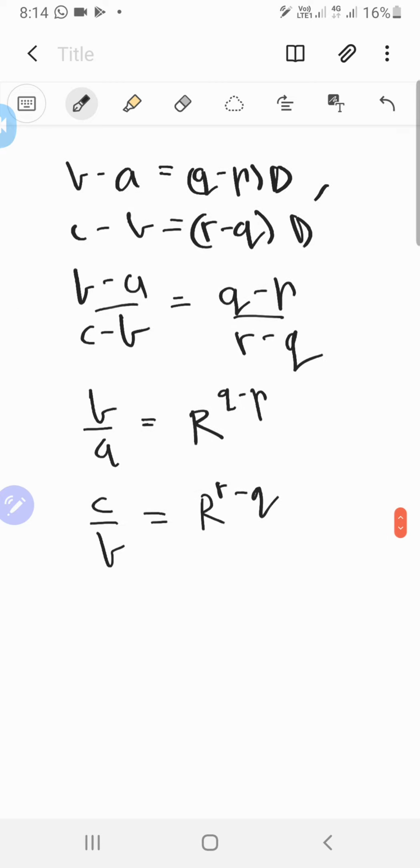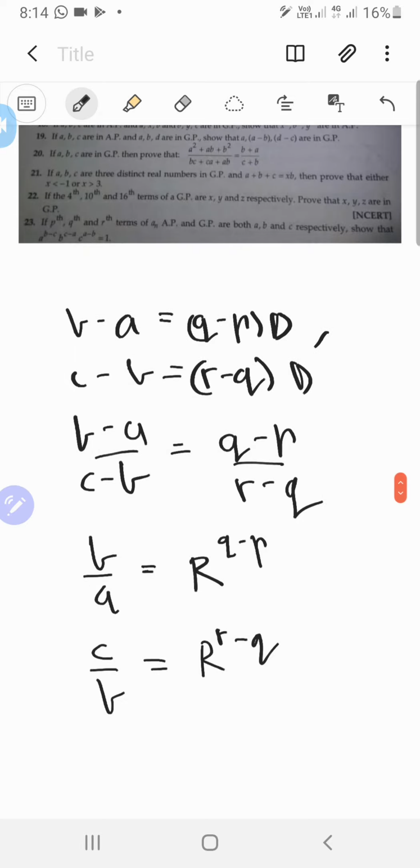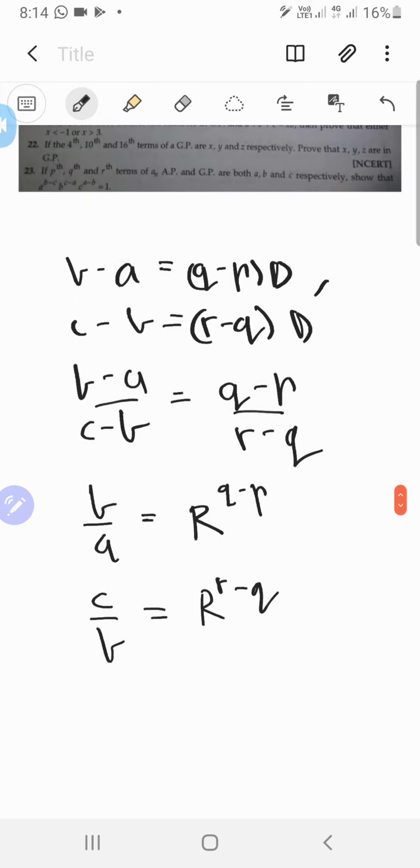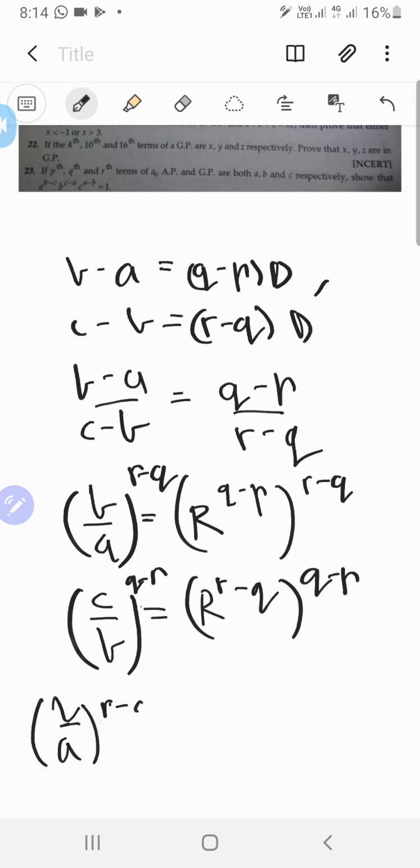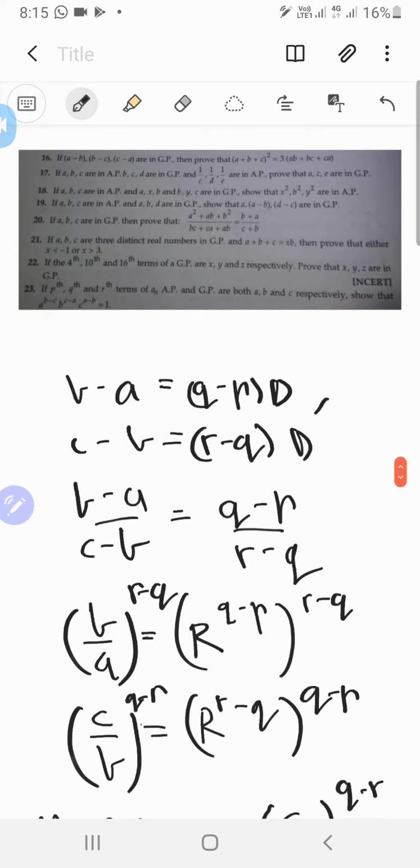Okay, fine. So what should we do with this? Let's raise this to the r minus q power, and this also to the r minus q power, and raise this to the q minus p power, and this also to the q minus p power. What you will get is b upon a to the r minus q is equal to c upon b to the q minus p. That's not bad.